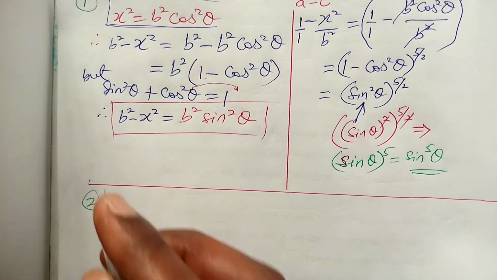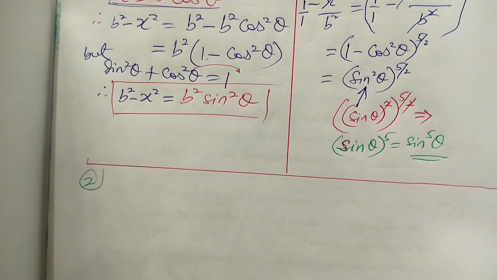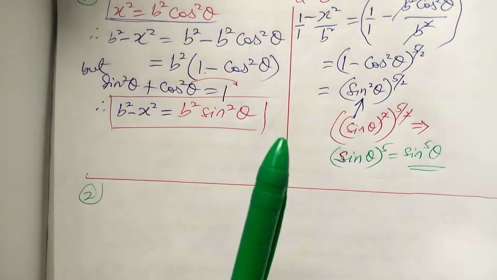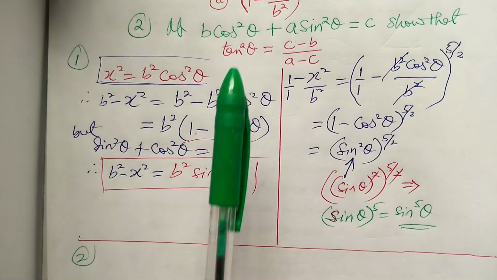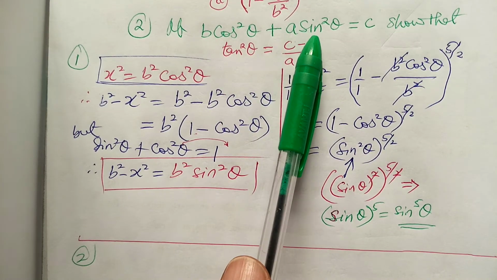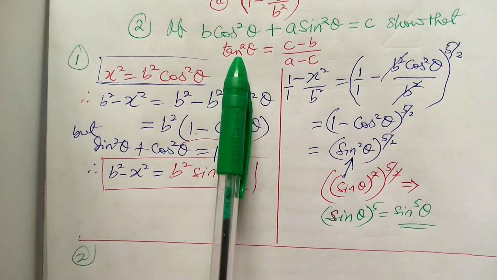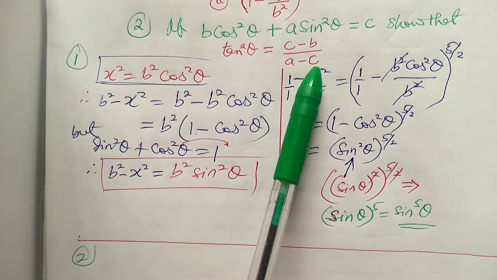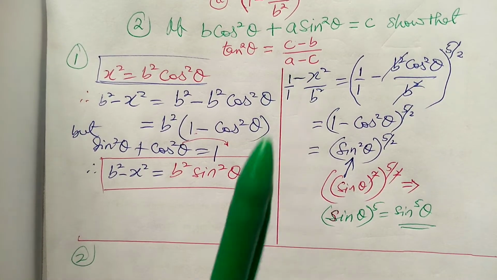For number 2, we want to solve this: if b cos squared theta plus a sin squared theta is equal to c, show that tan squared theta is equal to c minus b over a minus c.